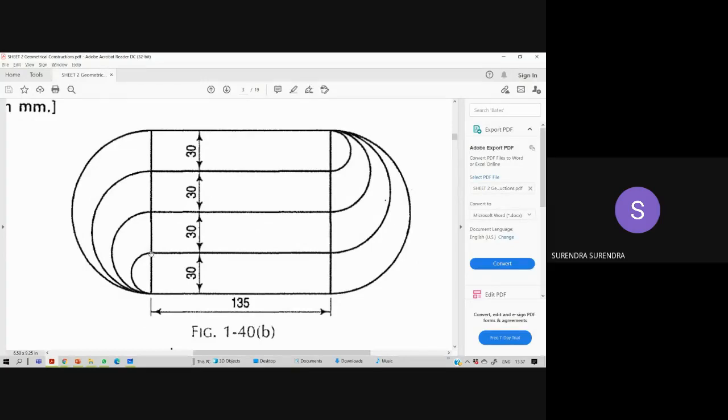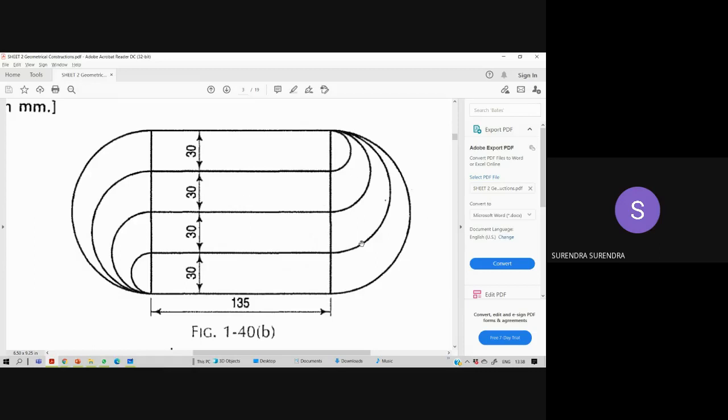Next, taking this as the center, 30 mm radius, second semicircle. Next, 45 mm center: from this end point, take a center at 45 mm distance and 45 mm radius, draw a semicircle. Next, center at 60 mm from this side, with 60 mm radius, draw one more semicircle. So 4 semicircles: 15 mm radius, 30, 45 and 60.